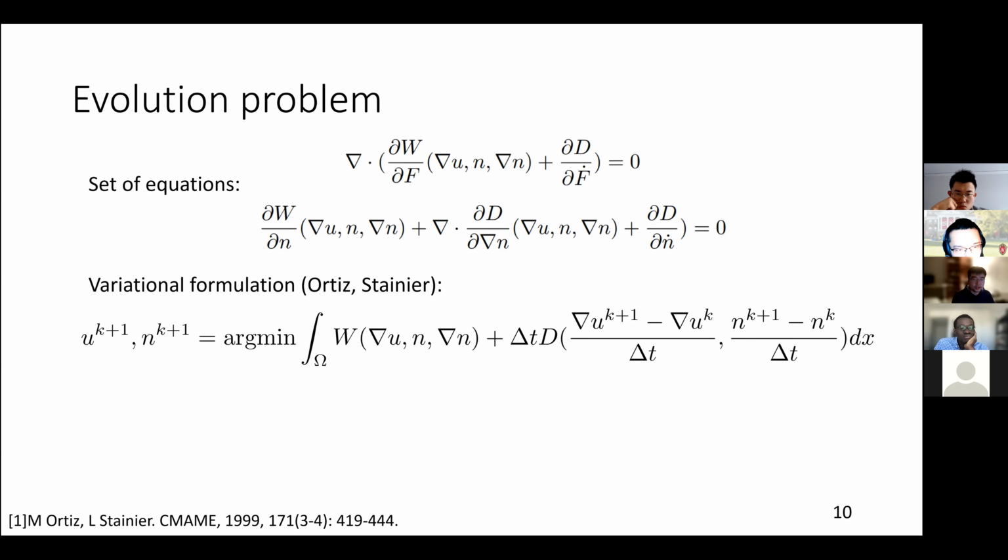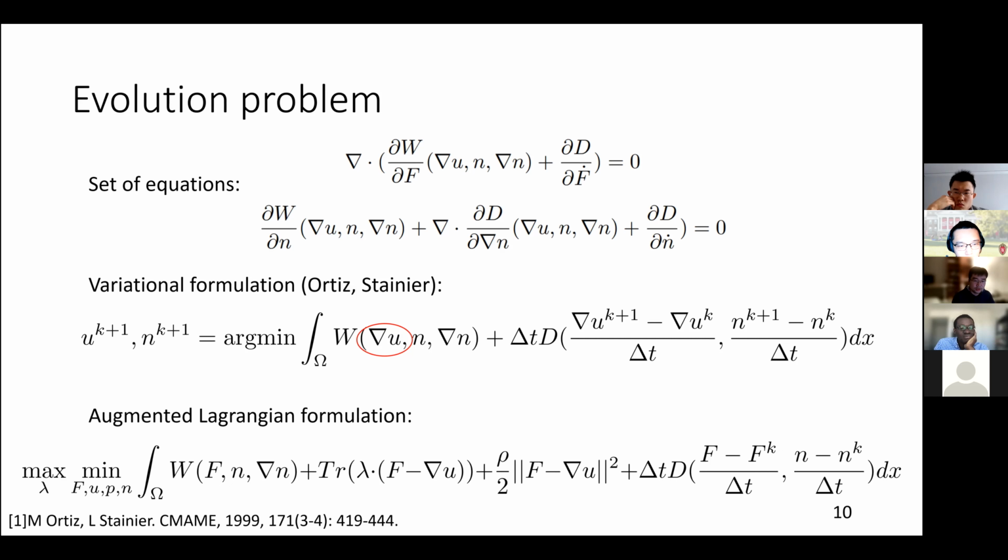And we could also rewrite these equations into a variational formulation, where basically, instead of solving these partial differential equations, we're solving a minimization problem with respect to the deformation displacement and also the internal variable. We will soon notice that the energy, which I have just mentioned before, is of a very complex form, and it involves a nested nonlinearity, but it is more complex because we have included the gradient of the displacement, instead of the displacement itself.